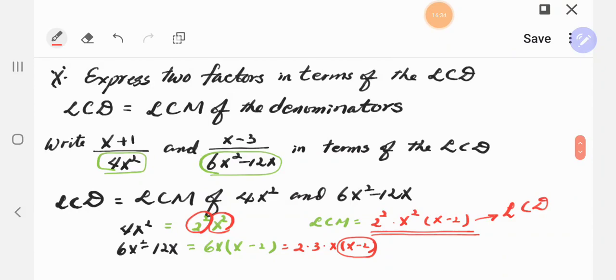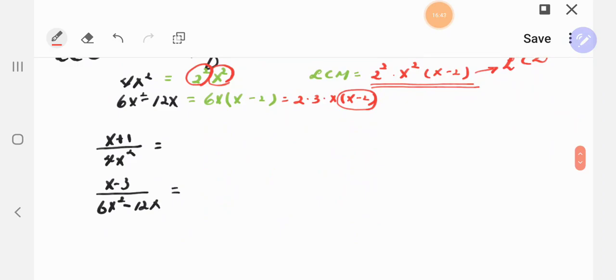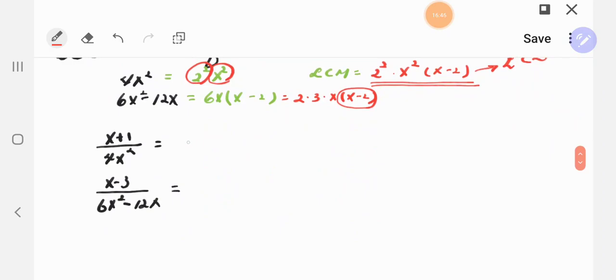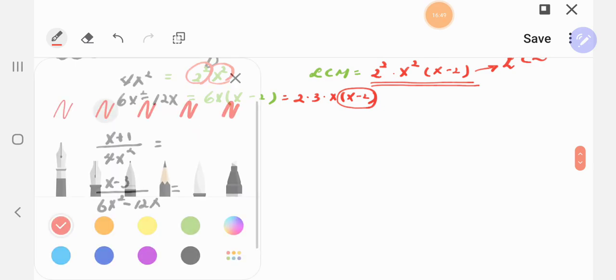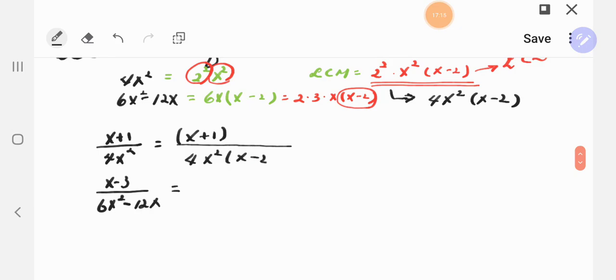So what we do is we will rewrite each fraction using the LCD. The first fraction is this. The numerator is x plus 1, and then we're gonna rewrite the denominator 4x squared as 4x squared times x minus 2.